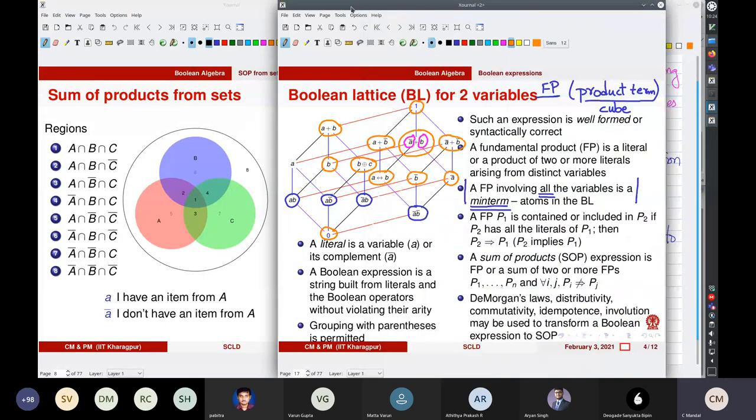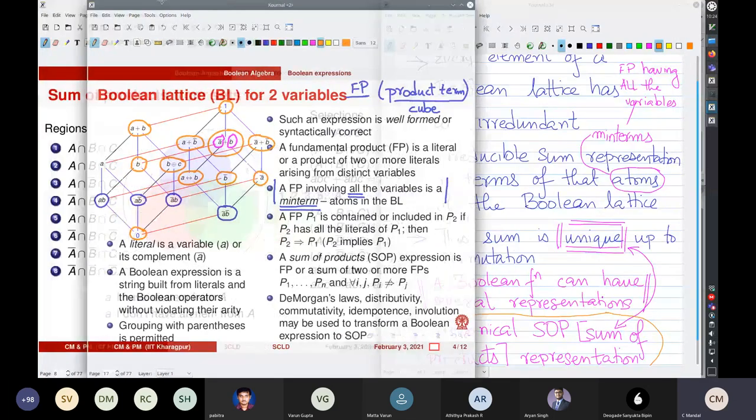So let me ask you another question. Look at this lattice and give me the canonical sum of products representation of this element which I have marked, which I'm pointing to.